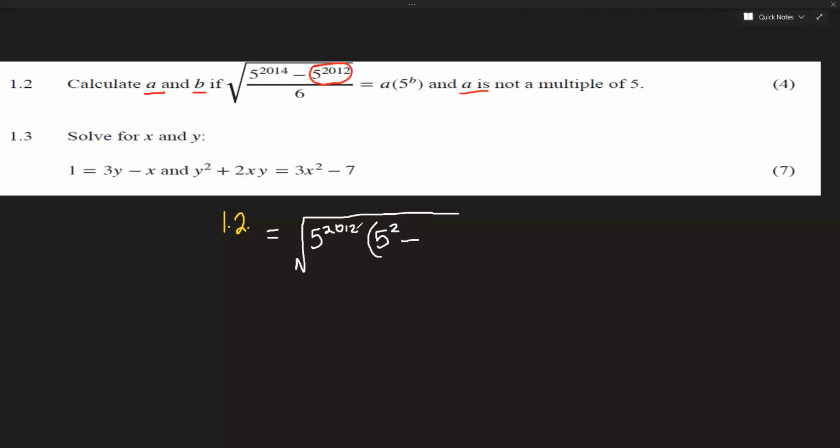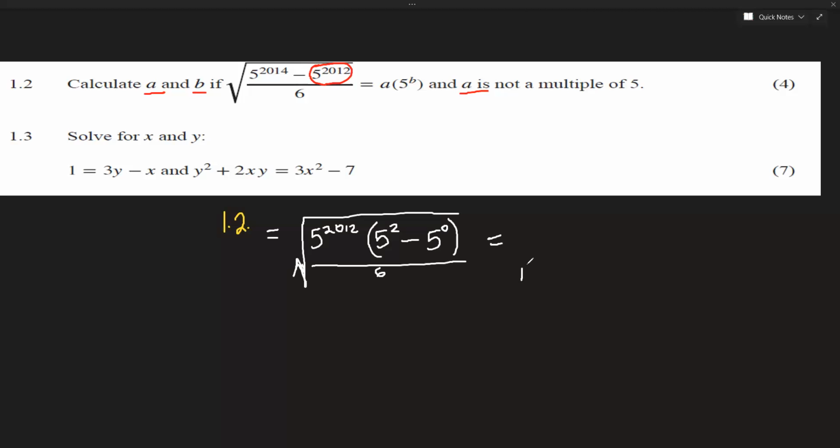Now remember, we're now going to subtract this value there, right? So 2012 minus 2012 is 0, right? So on the other part, we're going to have 5 to the power 0. Then you close your bracket, you write your 6 at the bottom, right? Okay, just make sure that the 6 is also inside.